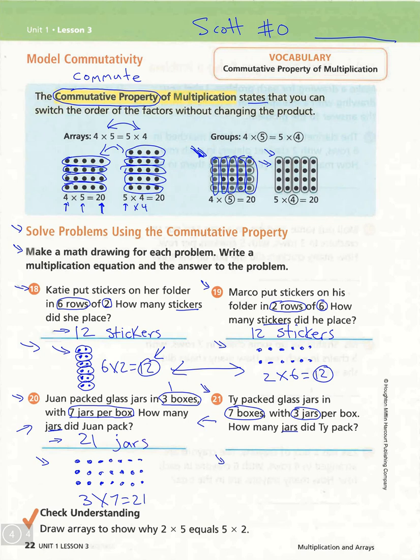And you probably guessed it, we're going to flip-flop that. We're actually going to have 7. Now 1, 2, 3, 4, 5, 6, 7, and only 3 in each of those rows. So there, now we flip-flop those. We have 7 groups of 3. And it still equals 21. We didn't change any. We didn't take any away. And we'll still talk in jars.